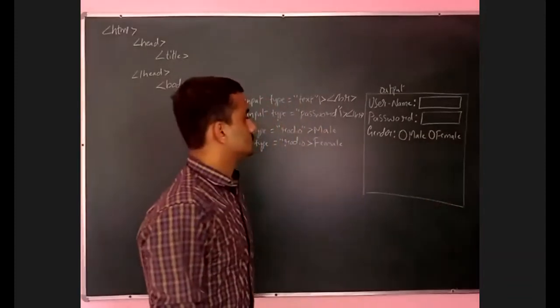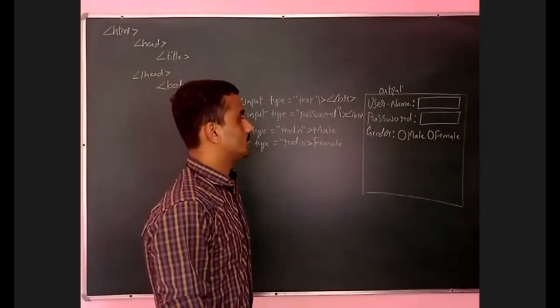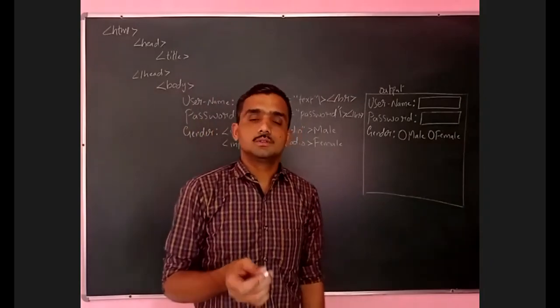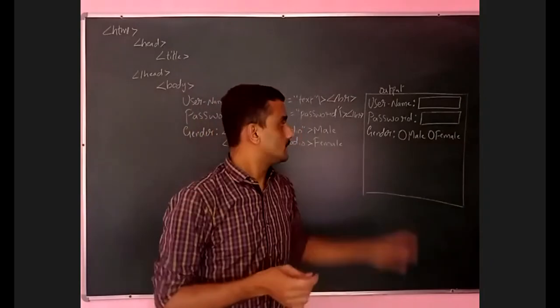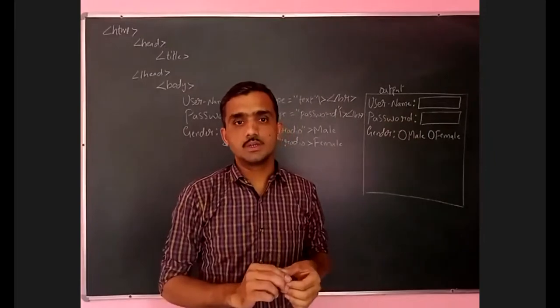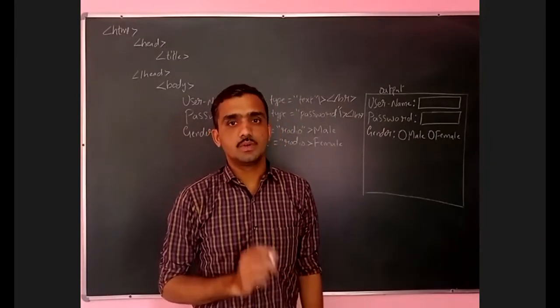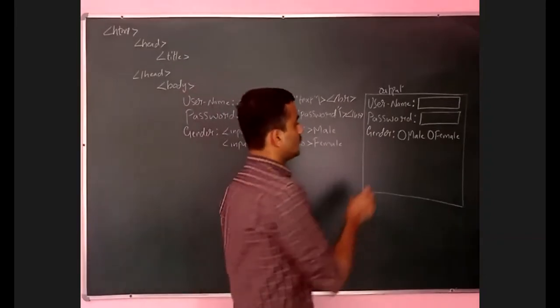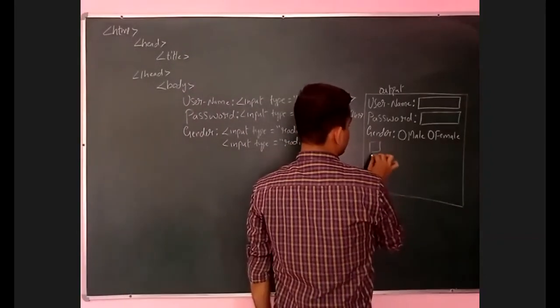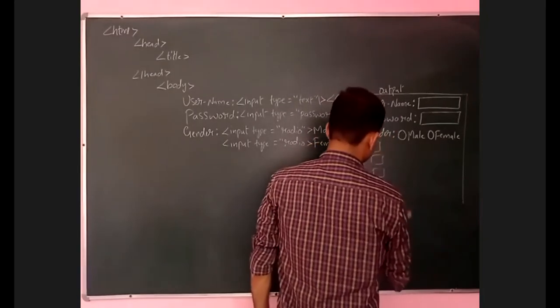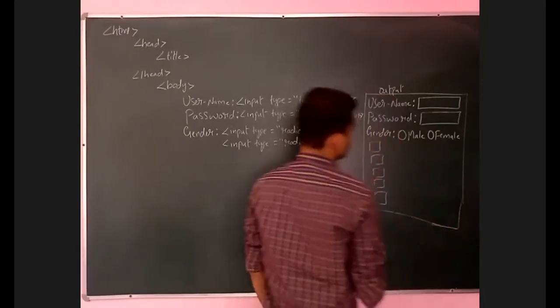Now, if you are filling these things for a particular college, then we can consider combinations. For example, say you have five boxes.